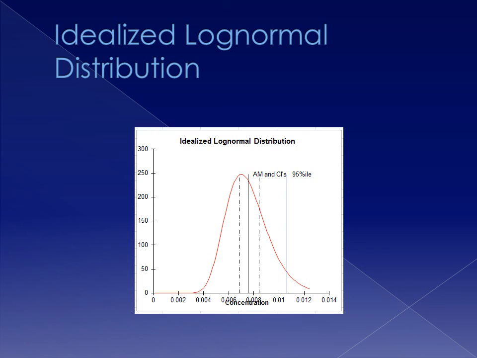This helps you visualize where the majority of your sample results fall in relationship to the OEL. Since our OEL was 0.75 parts per million, that value is far to the right of the blue line and is not represented on this graph due to the scale of the graph.